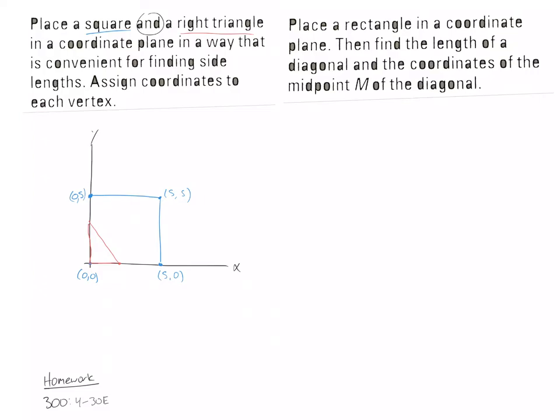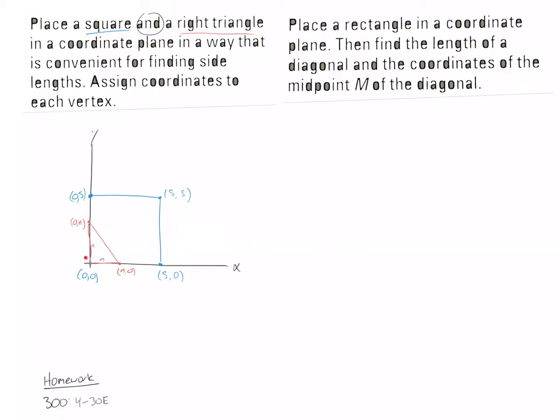Let's call this side length M and this side length N. So this right here, the bottom right, it's going to be M in length and M, 0, right? Because I've moved to the right M, but I haven't gone up or down any. This one up here, I have not gone left to right any, but I've gone up N. So it is 0, N.